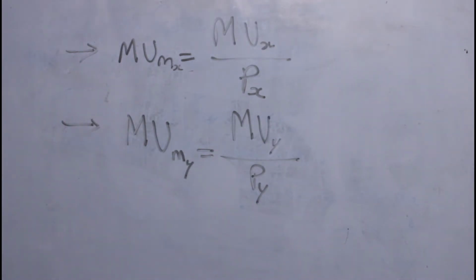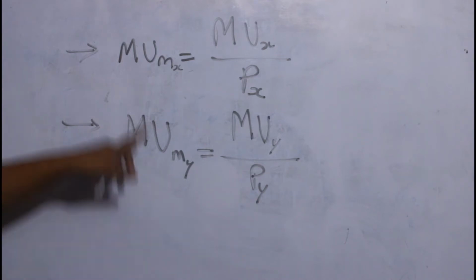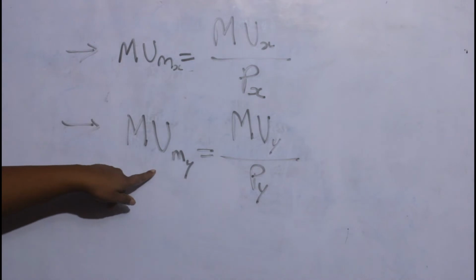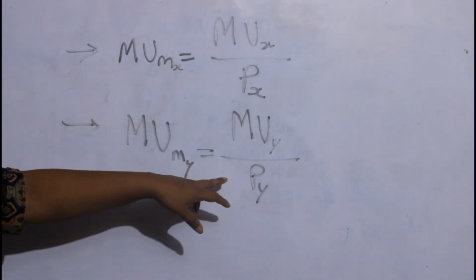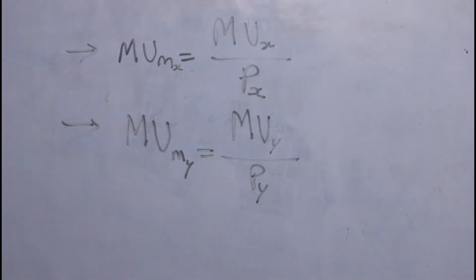And the theory says that the consumer will be in equilibrium where these two fractions are equal. This is the condition for a consumer to be at equilibrium.